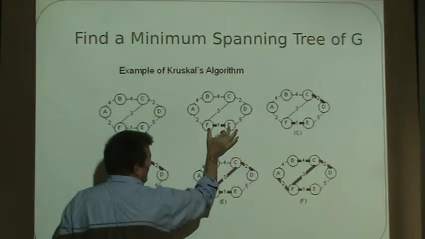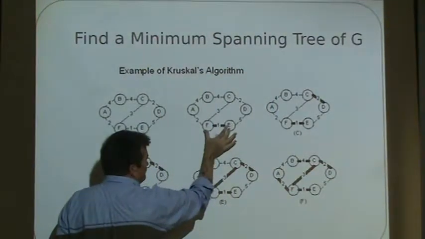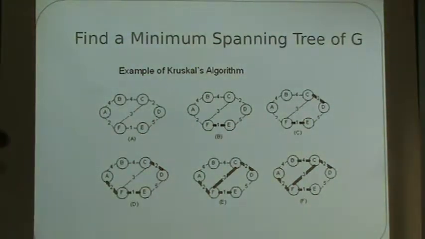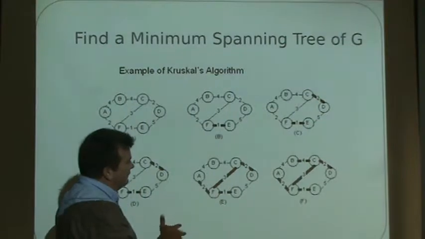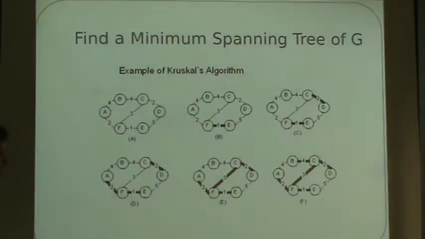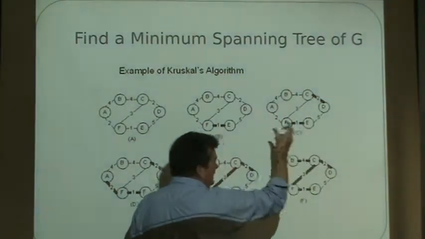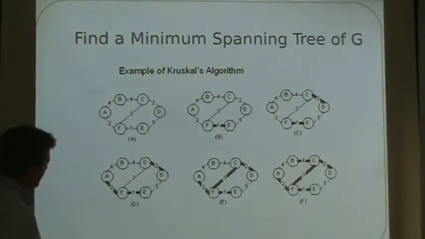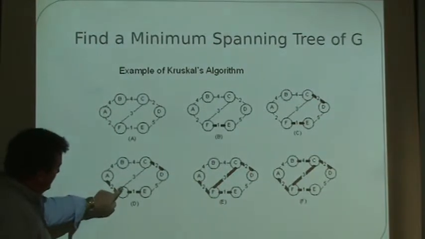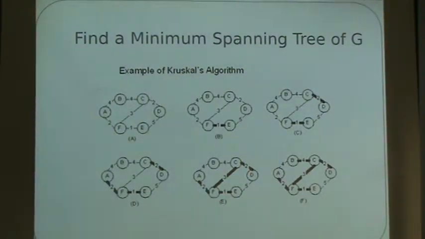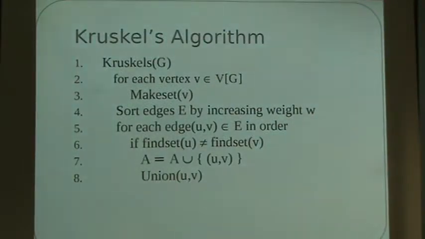We decided to add the edge between E and F, so we have to make E and F join as a set. Somehow join them. We could pick any of the collections and throw them in an array, or somehow join them together. Then we had to take C and D and join them into a set. And then we had to take the set that E and F belong to and add A to that set, and so on.